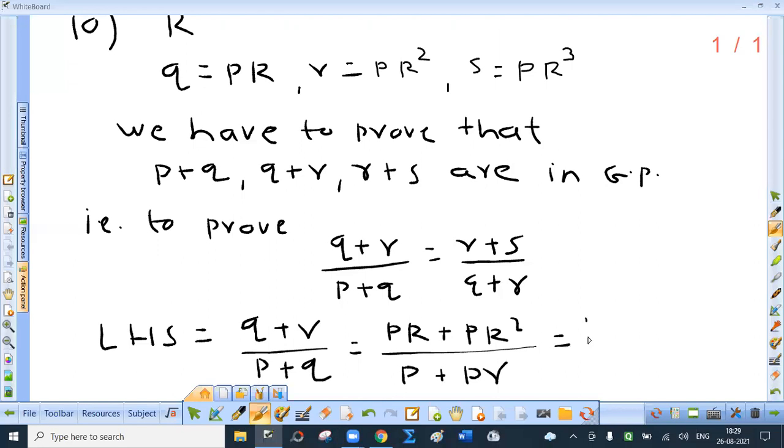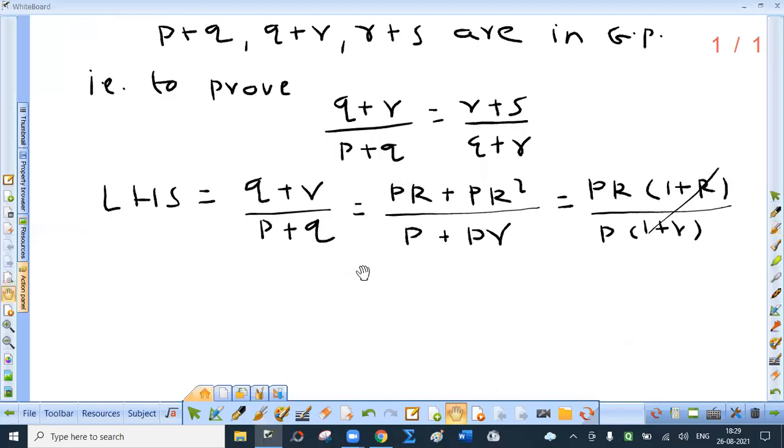Now tell me what can be taken common from numerator? PR. So in bracket 1 plus R. Here P 1 plus R. So this is nothing but capital R. That's it.